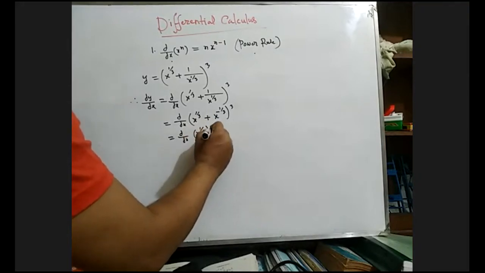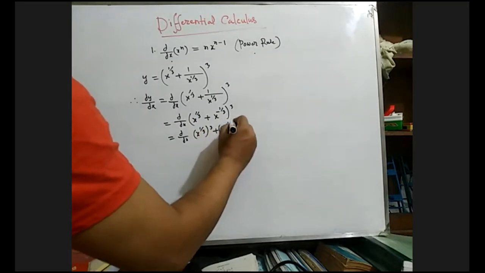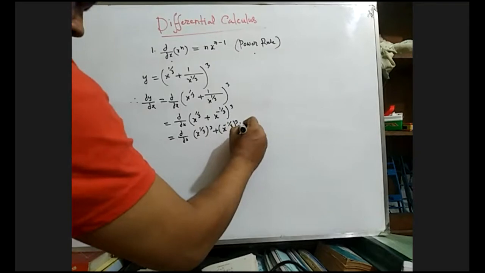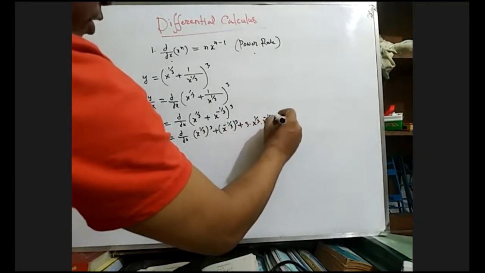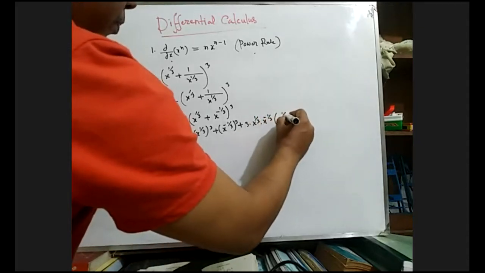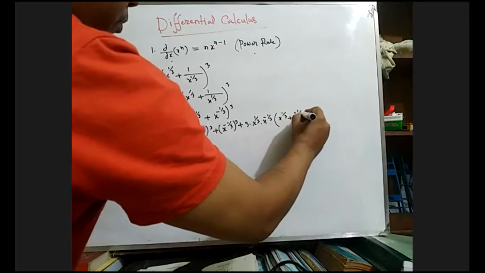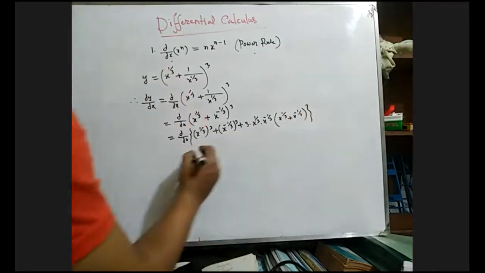The a plus b whole cube formula: a cube plus b cube plus thrice ab into a plus b. Differentiation of this whole.